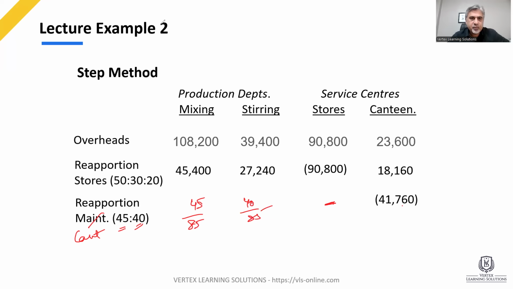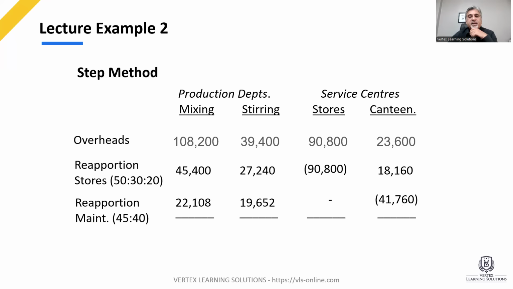That's the proportionate method here. So let's do that. 41,760 will be divided between these two based on the ratio, 45 by 85, 40 by 85. Now, if you see, the sum total is different.